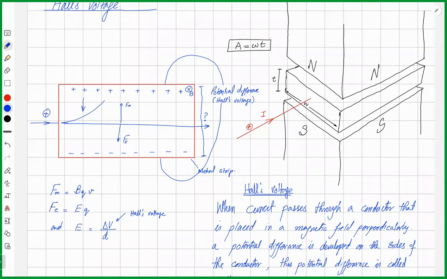It would be W, the length of W. Yes, it is W. The length shown with W in the 3D diagram is the distance between the sides that will develop the potential. These are the sides that will develop the potential. This and the one side that we cannot see, which is at the back. So the distance between them will be W.